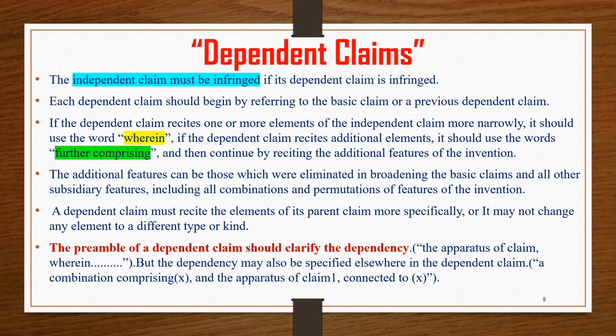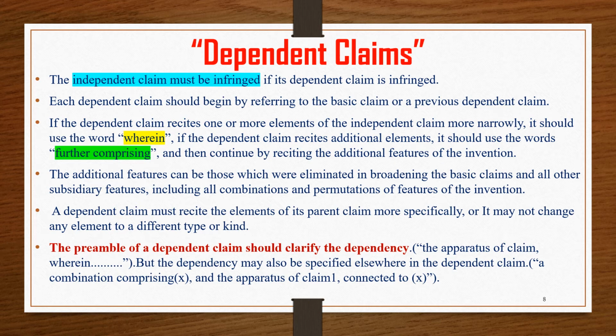That means we can say the apparatus claim wherein ... But the dependency may also be specified elsewhere in the dependent claim. For example, we can say a combination comprising X and the apparatus of claim 1 connected to X. So just observe these things and remember the important points here.